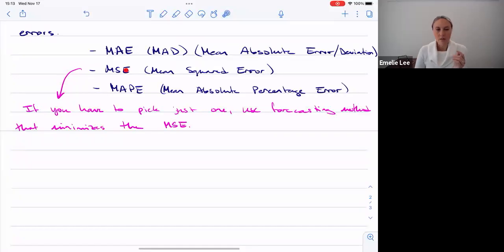Okay, so the mean squared error is going to be the moneymaker, and the other two will follow along, right? So if the errors are not bad, then of course all of these would be not that high. But if you have to pick one, then you're going to use the one that minimizes the mean squared error.